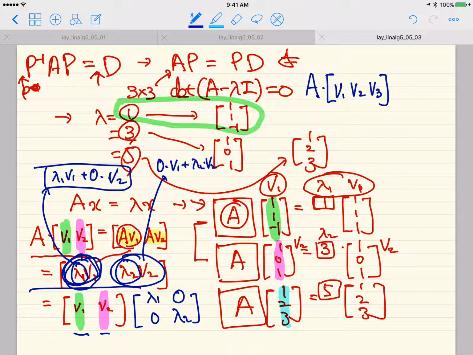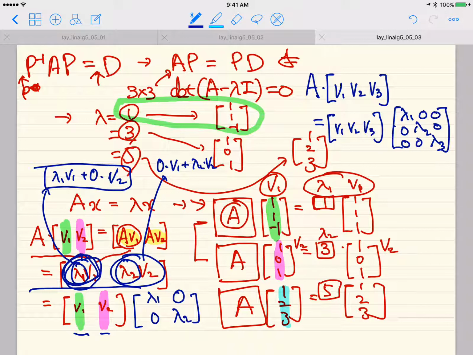Okay, and then it will be the same as V1, V2, V3, and times what? Lambda 1, lambda 2, lambda 3. And this is a diagonal matrix. Okay, diagonal matrix.